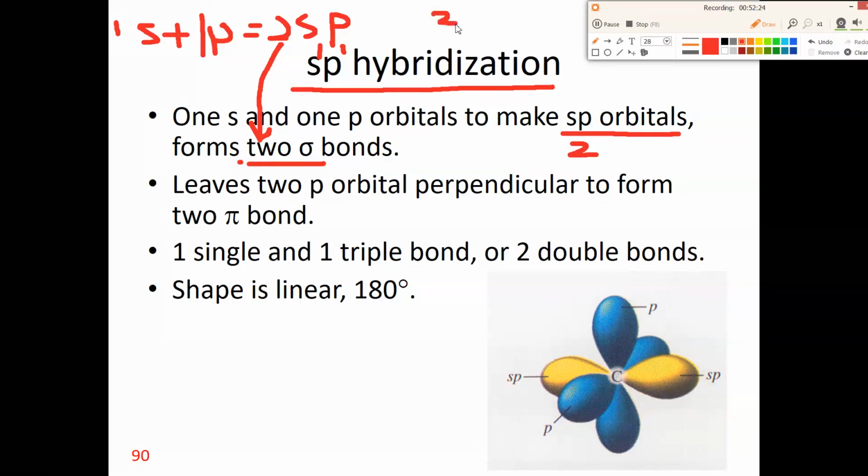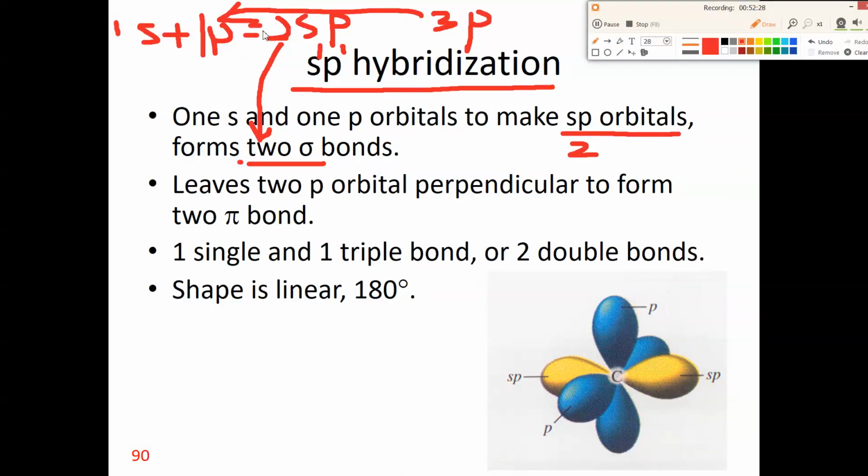Remember, we have three p orbitals, one used in hybridization, so we have two p orbitals left over. These two p orbitals are perpendicular, the same as px, py, pz, three axes perpendicular to each other.